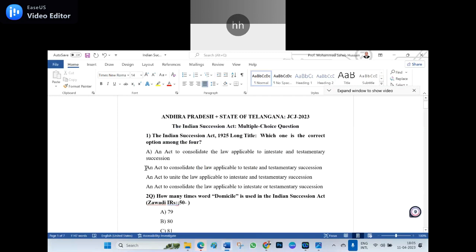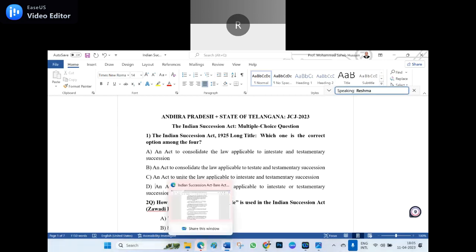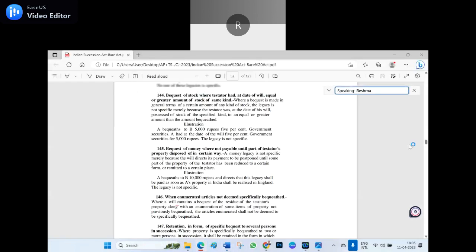B. An act to consolidate the law applicable to testate and testamentary succession.